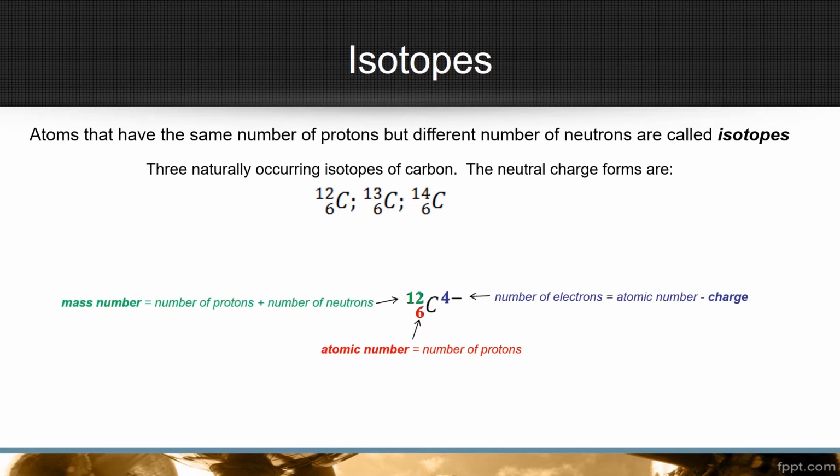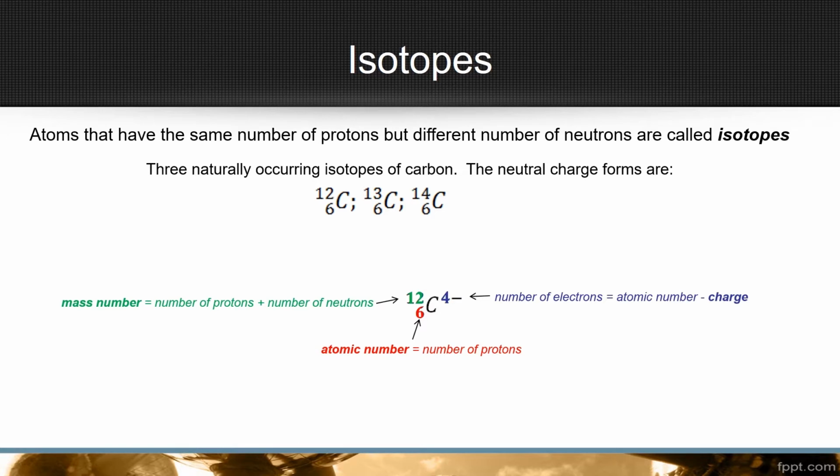Now, the superscript value on the left is the mass number and is the sum of the number of protons and neutrons in the nucleus of this isotope. And you can see that for atoms of the same element and atomic number, the mass number distinguishes or identifies the particular isotope of the atoms.